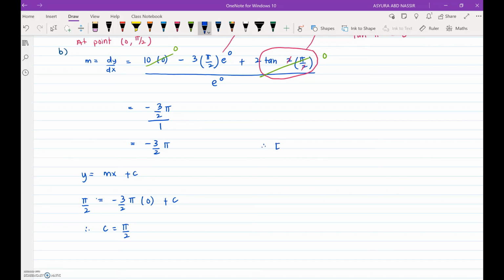So now the equation of the tangent line will be y equals negative 3 over 2 pi, plus pi/2. Oh, don't forget your x here. Okay, so this is your equation of the tangent line.